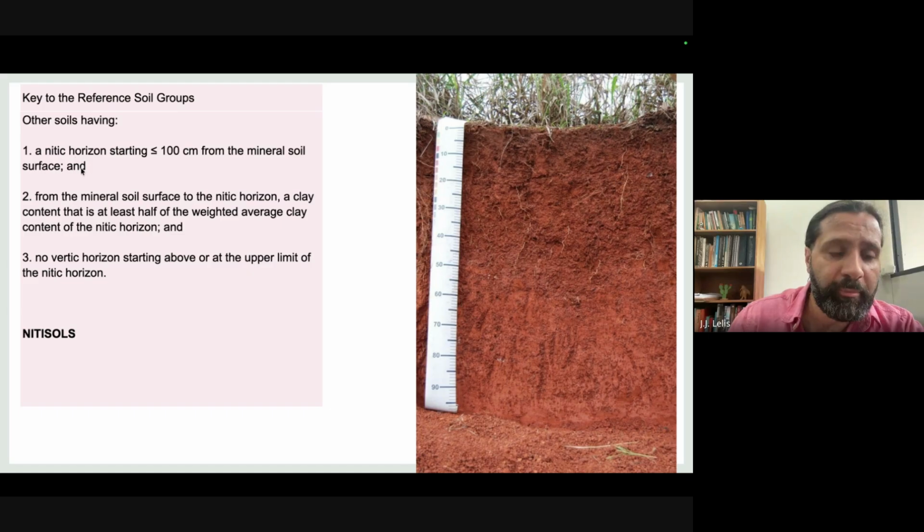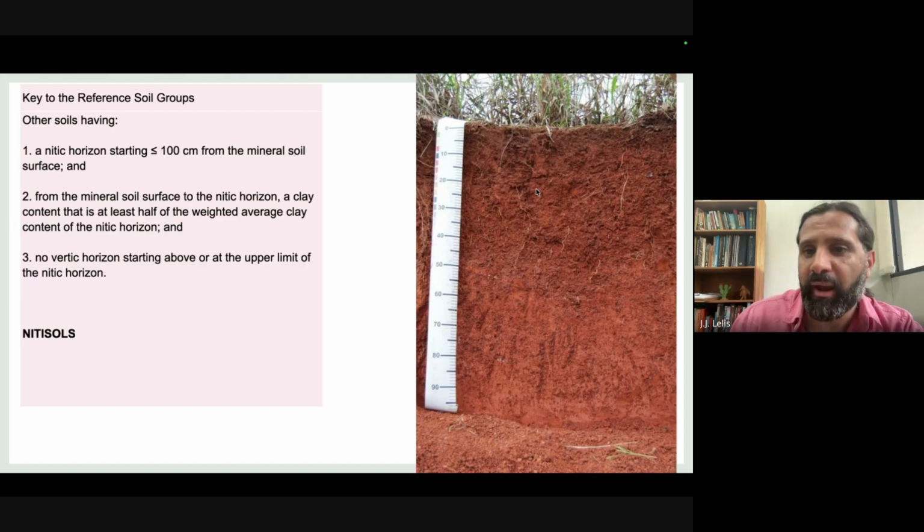And much more important than the nitic horizon itself, we need to find, from the mineral soil surface to the nitic horizon, a clay content that is at least half of the weighted average clay content of the nitic horizon. This shows that you don't register a huge difference of clay content between the horizons.